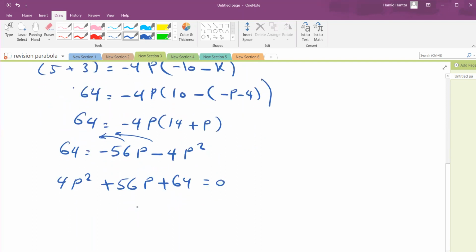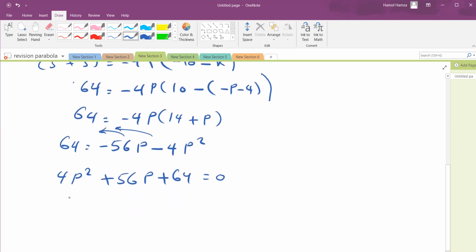We can divide by 4 to simplify it, so it will be p squared plus 14p plus 16 equals 0.